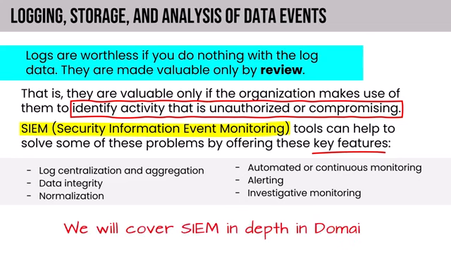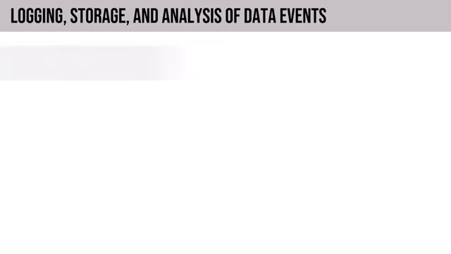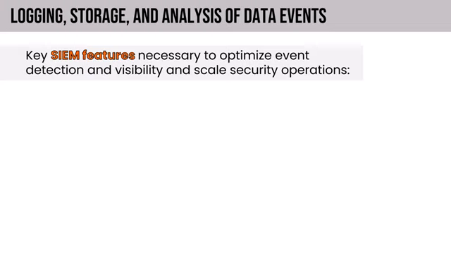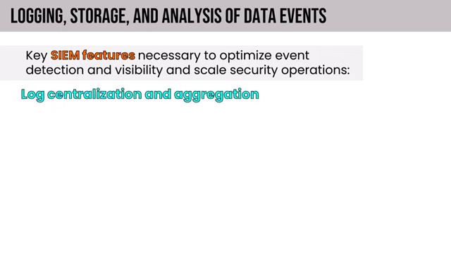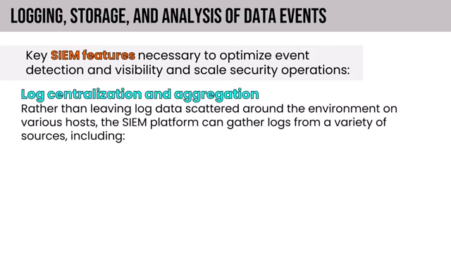Now, we will cover the SIM in depth in Domain 5, but while we're here, let's touch on these 6 key concepts that are called out. So the SIM features necessary to optimize event detection and visibility and to scale our security operations. So log centralization and aggregation.